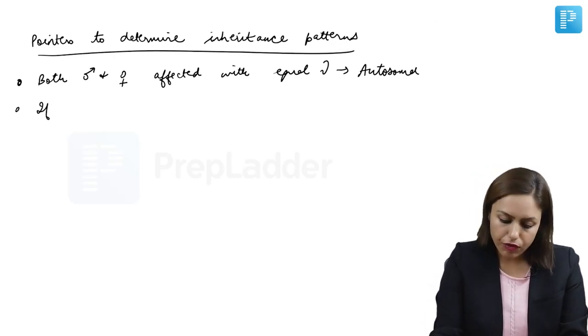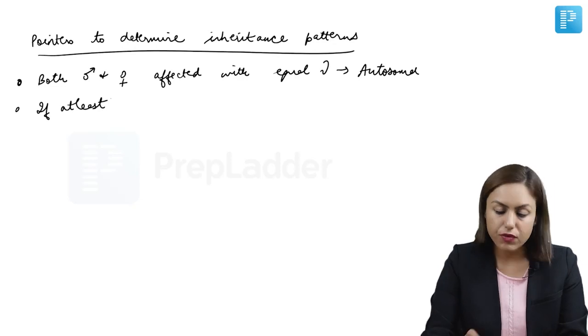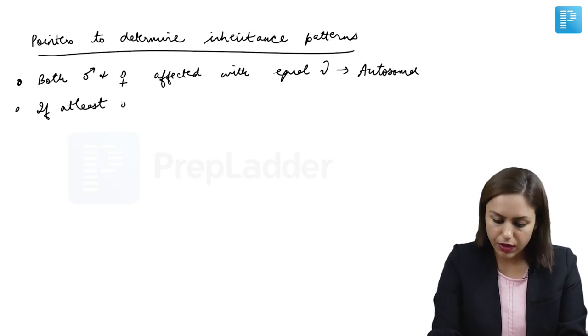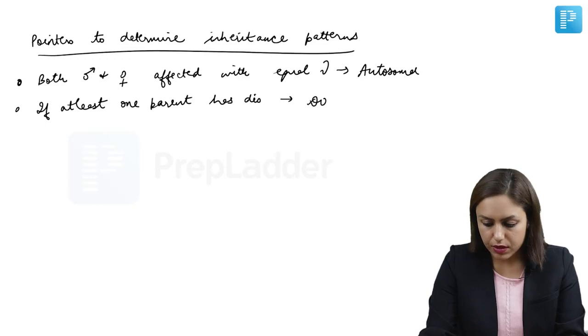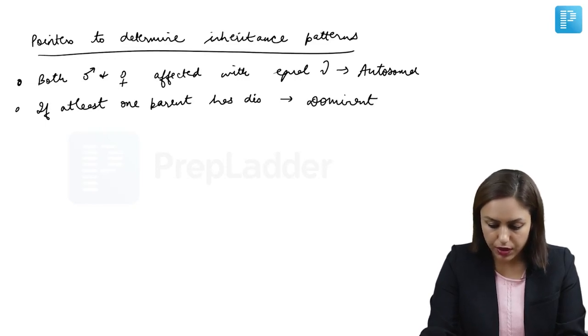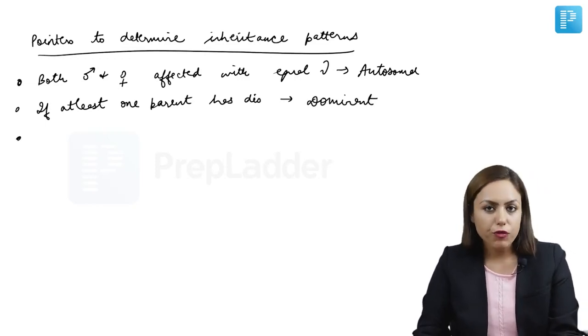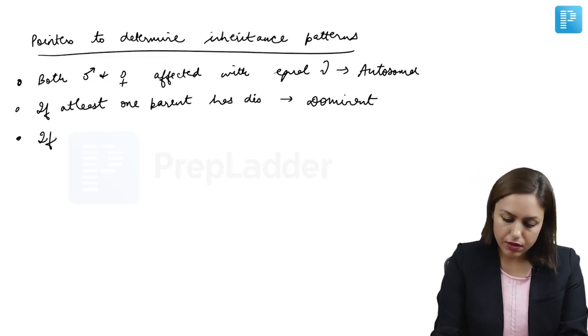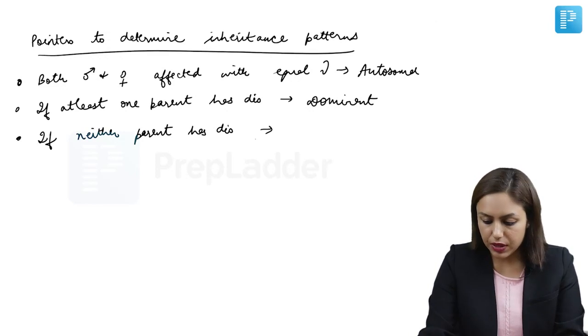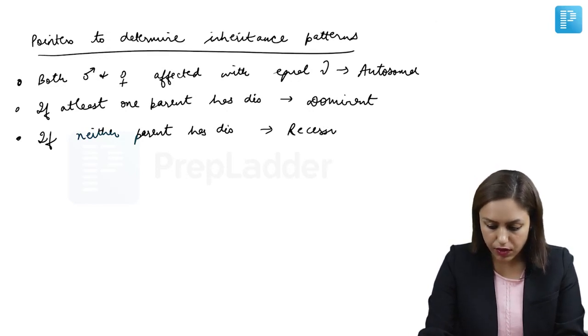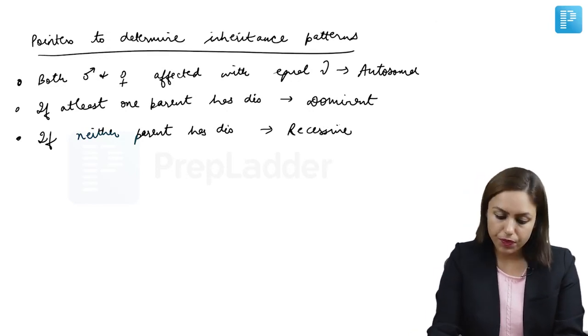Then if at least one parent has the disease, then it is dominant pattern of inheritance. Then if they say that neither of the parents has the disease, that means it is recessive inheritance pattern, right?